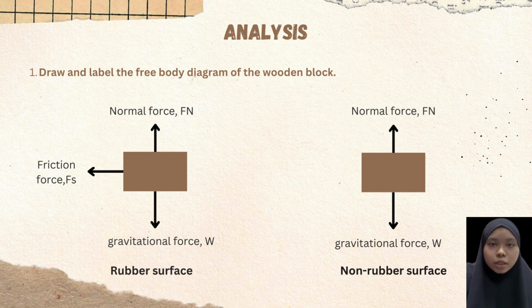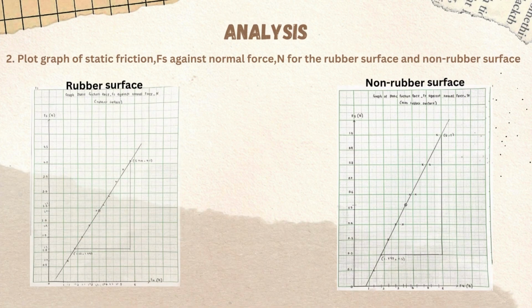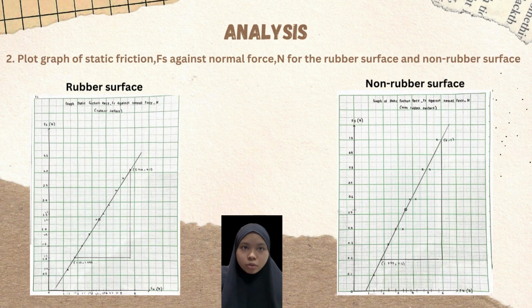While for the wooden block with the non-rubber surface facing the floor, there are only two forces present: normal force and gravitational force. Number 2, we have to plot a graph of static force against normal force for the rubber surface and non-rubber surface. Here are the graphs.